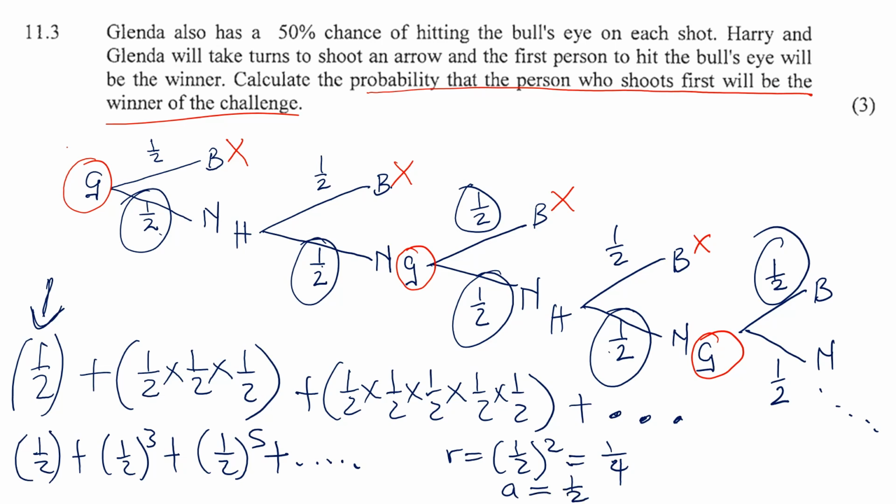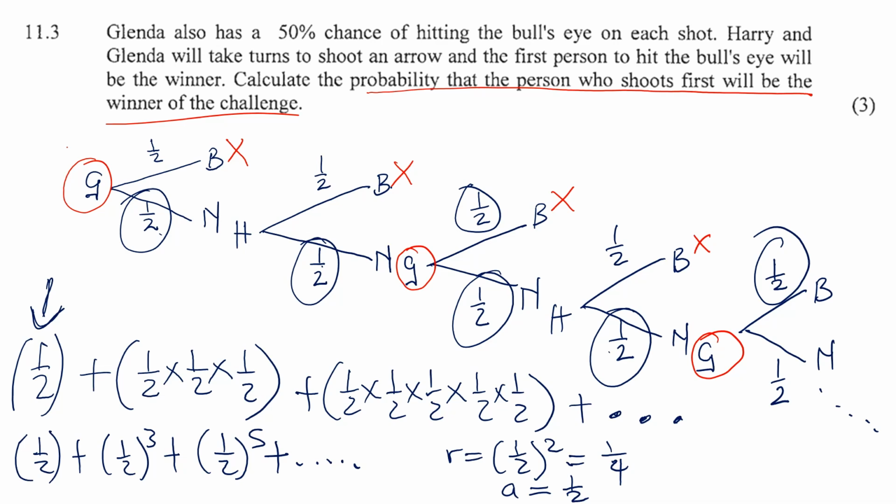Then to get the sum of these answers, because we are adding this probability to infinity, how do we add numbers to infinity? Can we say we cannot do it? Fortunately, we have the sum to infinity of a geometric sequence, because this is a geometric sequence. So to get the probability, we'll have to get the sum to infinity, because this can happen indefinitely in terms of these cases.